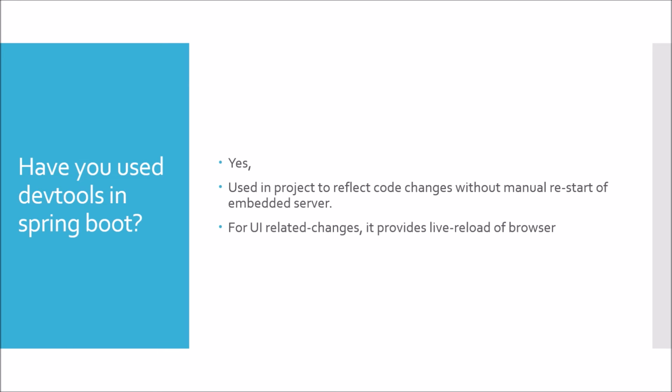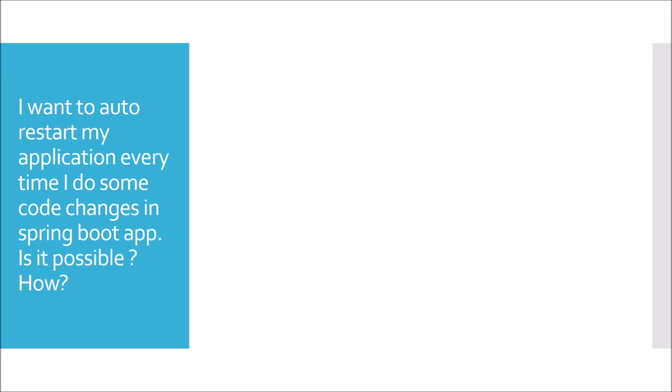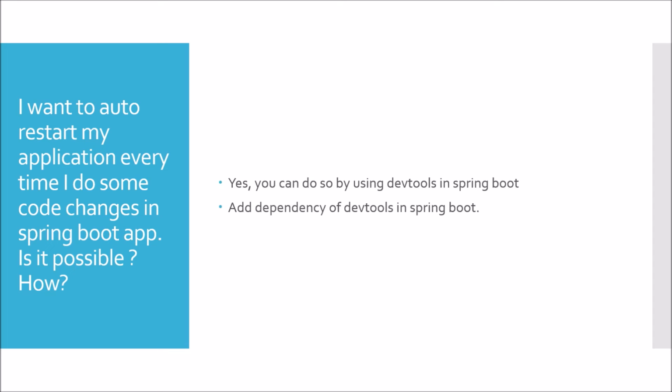Moving to next question. I want to auto restart my application every time I do some code changes in a Spring Boot app. Is it possible? How? Yes, I can do so using devtools in Spring Boot. First, I need to add the dependency of devtools in Spring Boot.